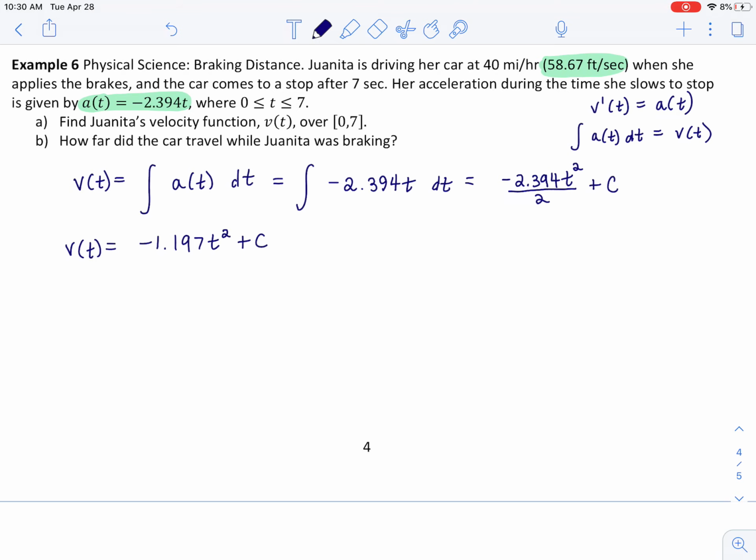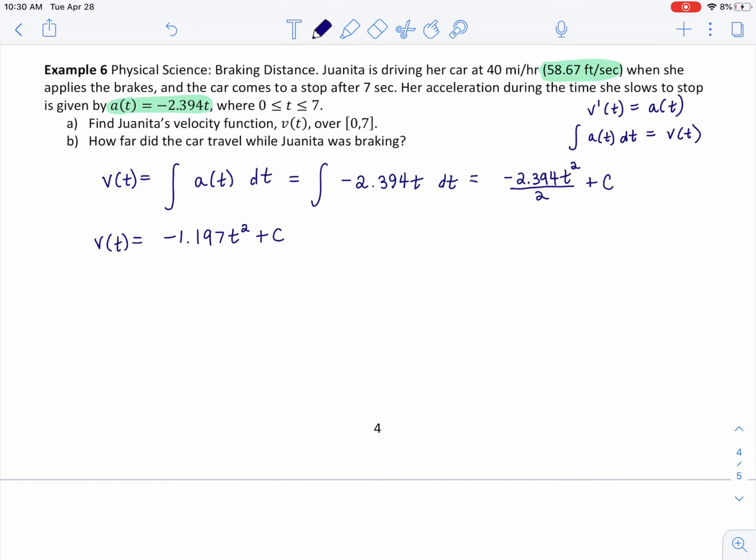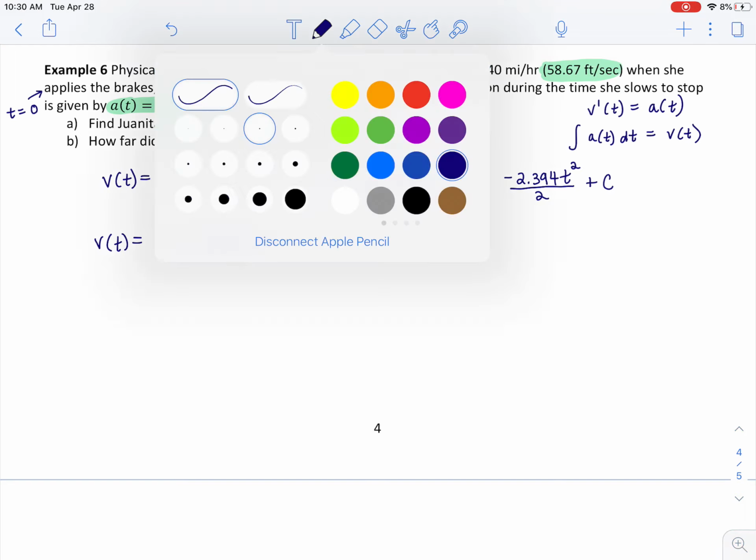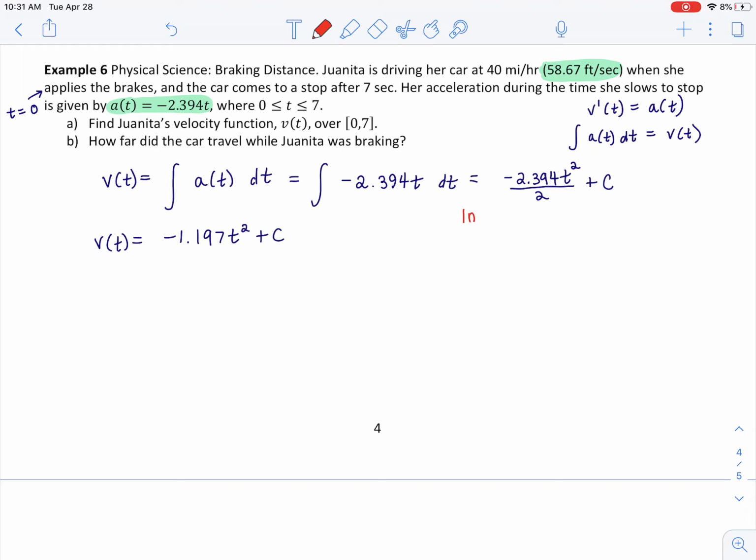But here's the thing though, didn't they say when Juanita applied the brake, that moment is time equals 0. That very moment she applied that brake, her velocity was 58.67. So let's use that as the initial condition.